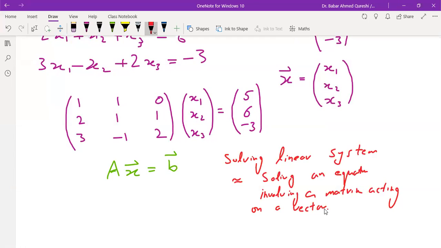So if you see something written like this, a matrix is acting on a vector to give you another vector, you should think of it. This problem may come up from a very different perspective, but you must know immediately that you can think of this problem as solving some linear equations.